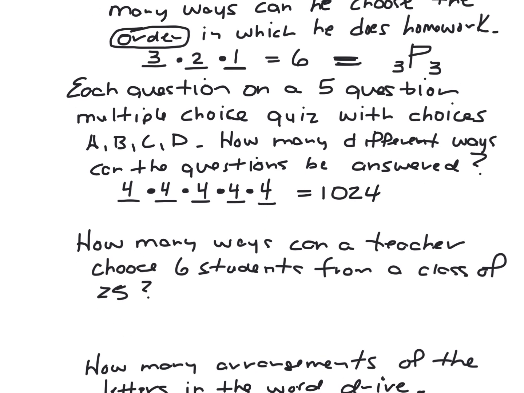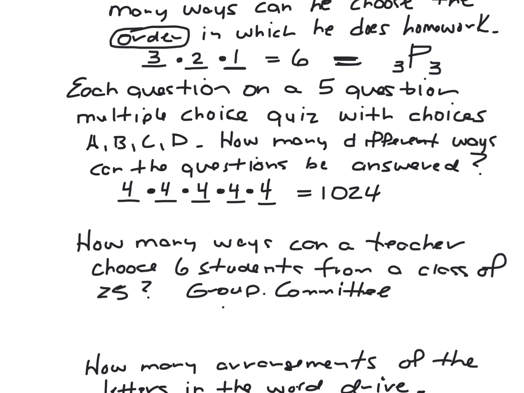The next question, how many ways can a teacher choose 6 students from a class of 25? So in this case, we're really only doing 1 event. We have 25 students, and he's picking a group of 6. This is a group. This is like a committee. Order's not important. It's just a group of 6.